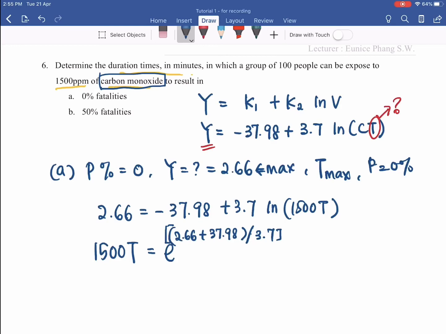In that case you get something along the line of 5.87 times 10 to the power of 4.